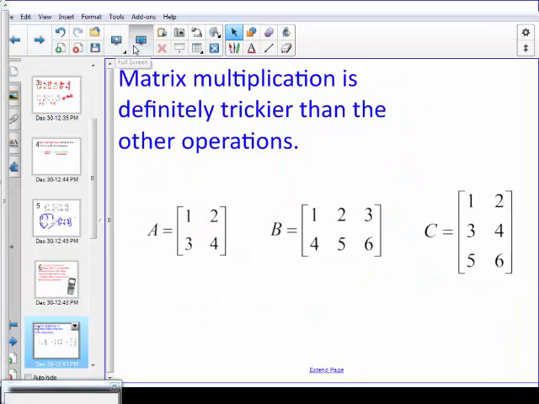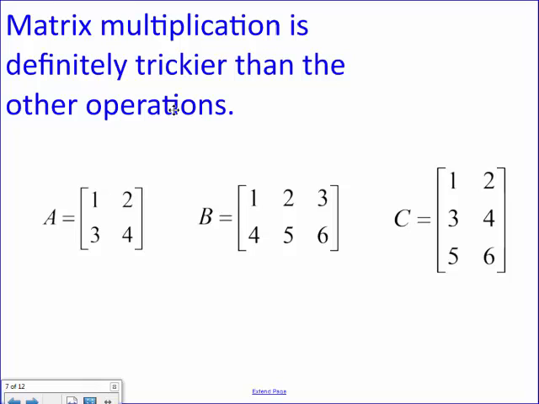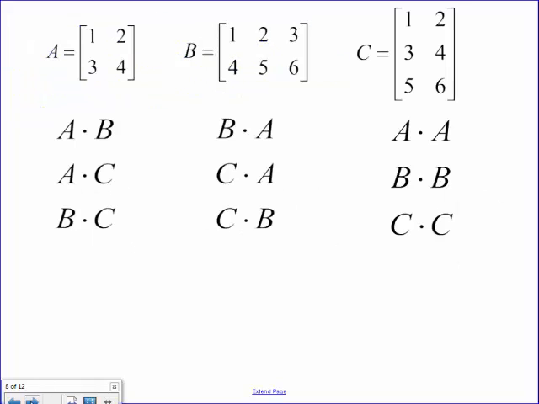But when you get something like this, where we're going to multiply matrices together, it gets trickier. So I've got 3 matrices, and I'm going to try to multiply these matrices together. For example, if I did A times B right away, I'm just going to write this down low.